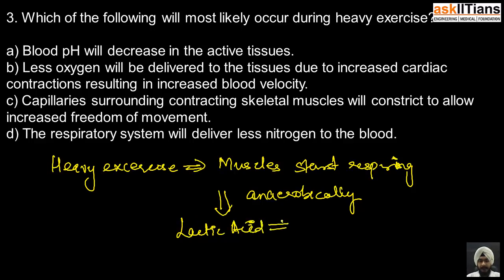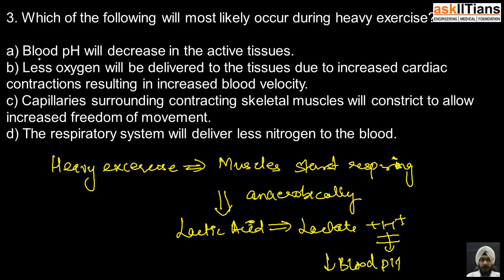This lactic acid then splits into lactate ions and H plus ions. So there will be increased concentration of H plus ions in the tissues. These H plus ions will go into the blood, and hence it will lead to a decrease in blood pH. So option A is the correct option, which says blood pH will decrease in the active tissues.